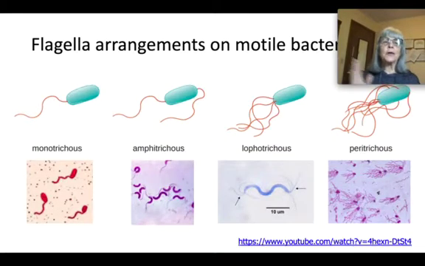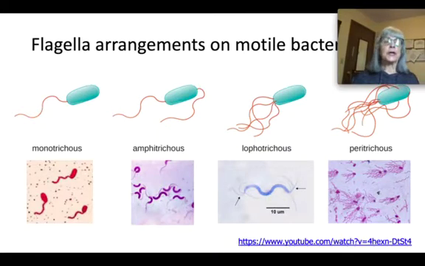Okay, so now we're talking about the external flagella arrangements. They do come in arrangements. Monotrichous is a bacterial cell where the flagellum will be on one end, or polar. Polar is another word for the ends of the bacteria.